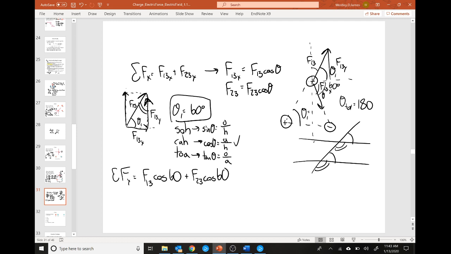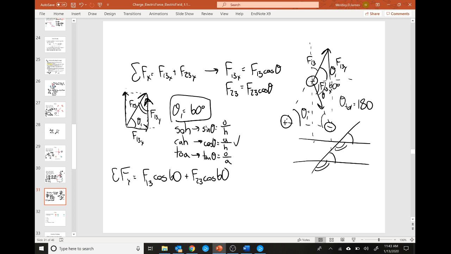The other trigonometry rule is that this one is going to equal this one. Oh, sorry, that's not the right rule that I want to be using here. I have this angle equals this angle.